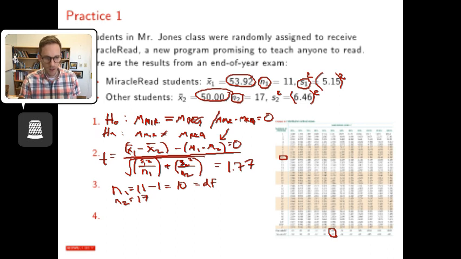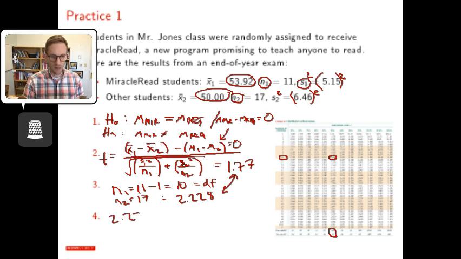Now to make our determination in step 4, we compare these two. 2.228, our critical value, is greater than the t-statistic we calculated at 1.77.